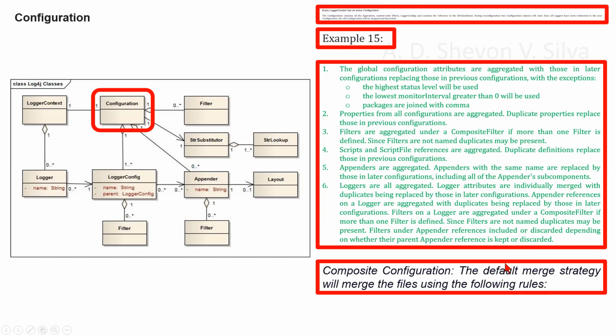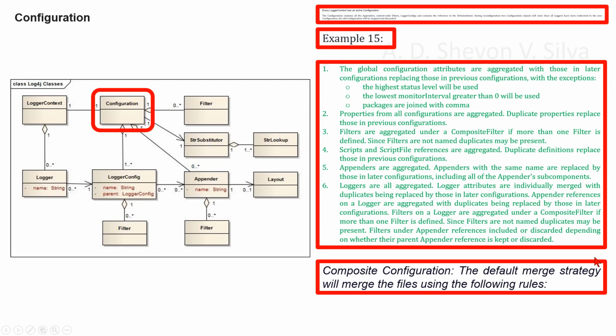This is example 15, where we consider composite configuration. Log4j allows multiple configuration files to be used by specifying them as a list of comma separated paths in log4j.configurationFile, or when using URLs by adding secondary configuration locations as query parameters named override.